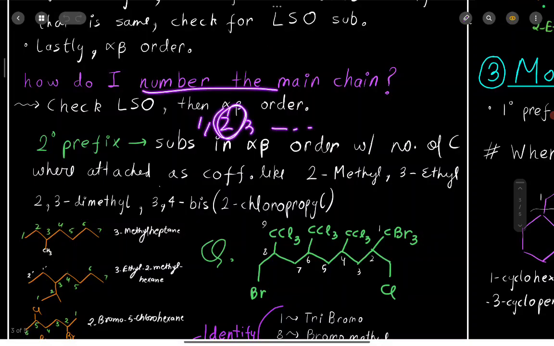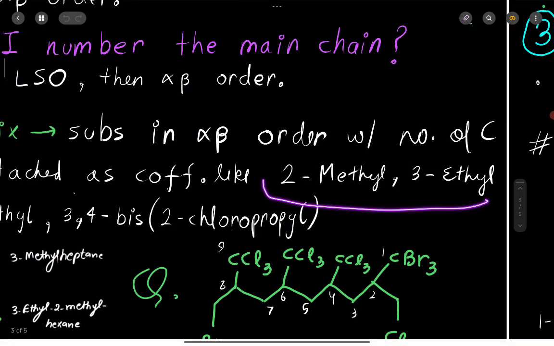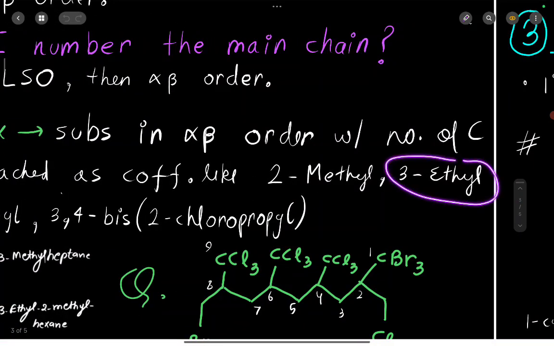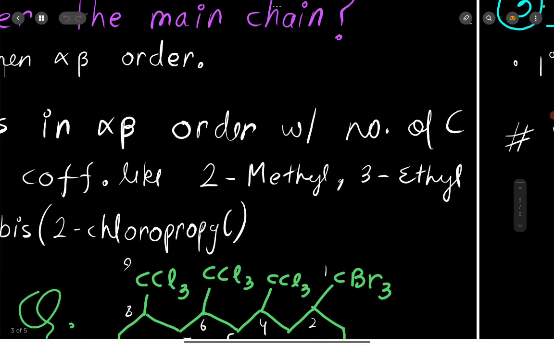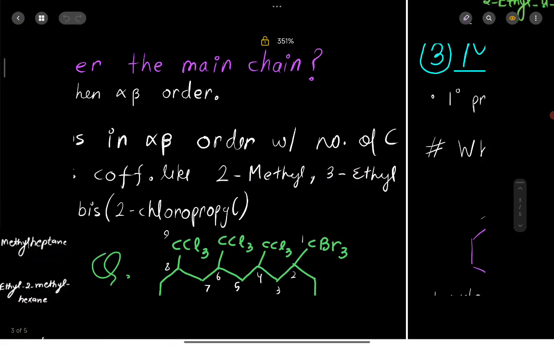So at the second position, there is a methyl substituent, and at 3, there is an ethyl substituent. Okay. And if both of these are present, you will write 3-ethyl first, because E comes before M in the alphabet. This much I expect you to know, that's LKG knowledge. And ascending or descending number does not matter. You only have to look at the alphabetical order of the substituent, okay?